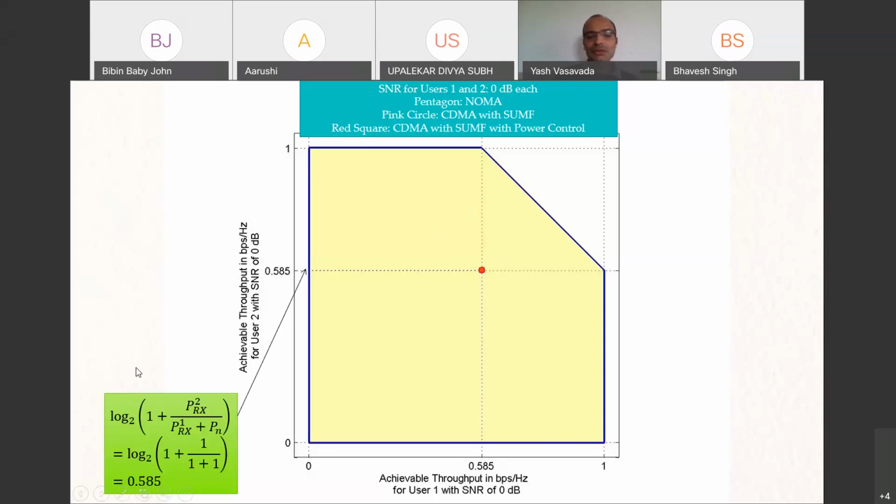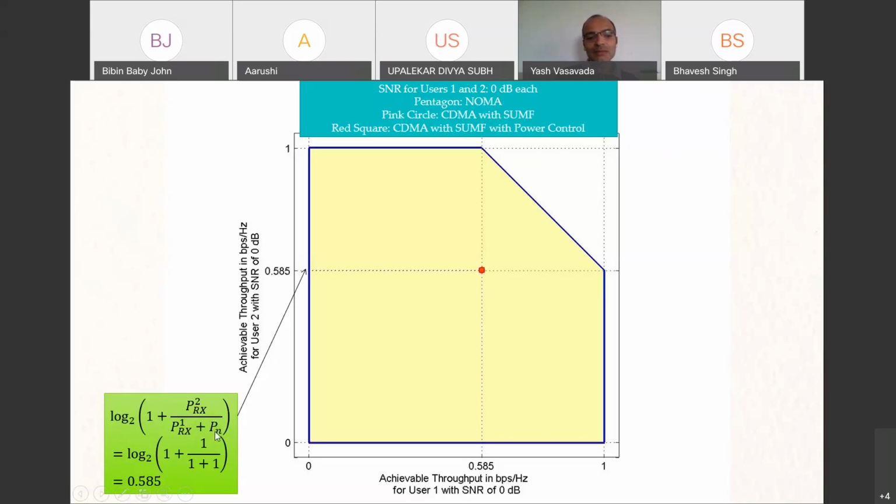Remember, we are saying that user 2 signal is getting decoded first. And so user 2 can get a rate of log base 2 of PRX2 divided by PRX1 plus Pn. This is same as CDMA. And so this point here is same as CDMA. Why is this 0.585? Because I'm assuming that all the signals are at the same power. User 2 and user 1 signal are at the same power, and that power level is same as noise power, meaning that all the users have an SNR of 0 dB.